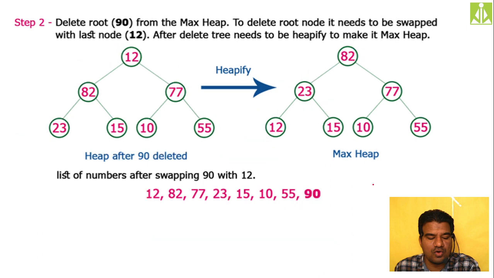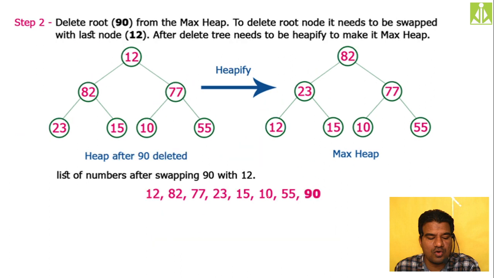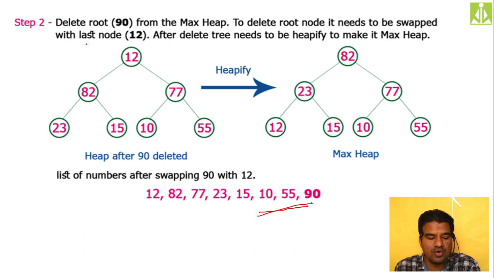So the same thing you will see over here. As it is, whatever I have written over here, the last statement you are getting over here. And after deleting the root node by swapping with this 12, we will get this tree: 12, 82, 77, 23, 15, 10, 55.